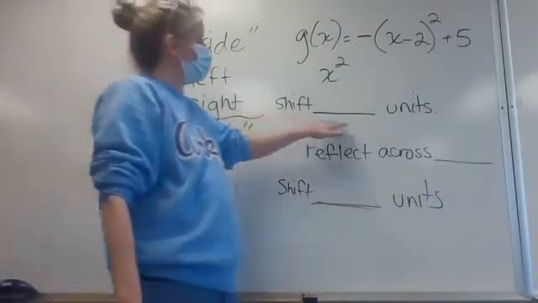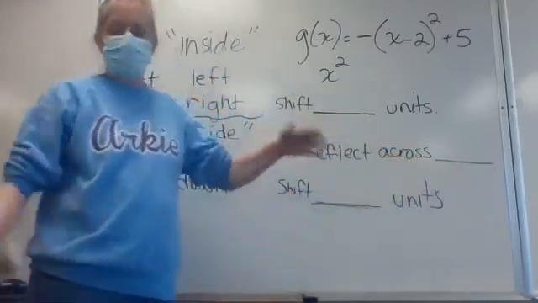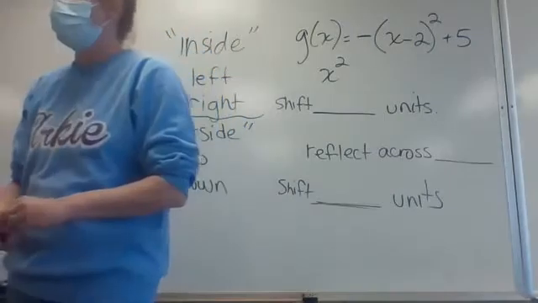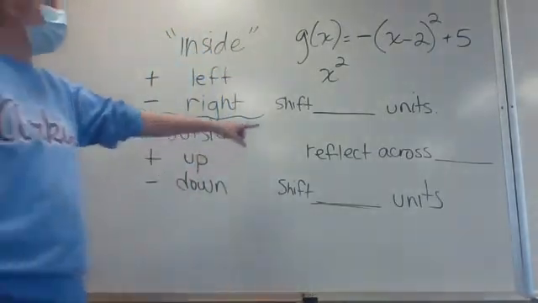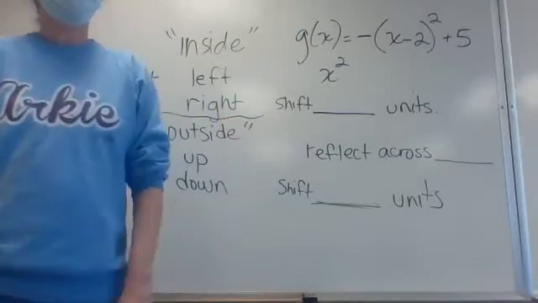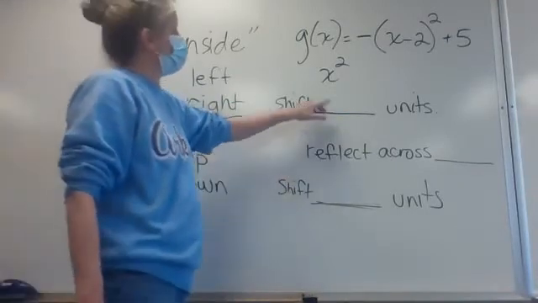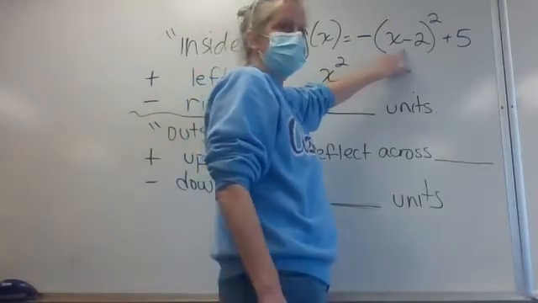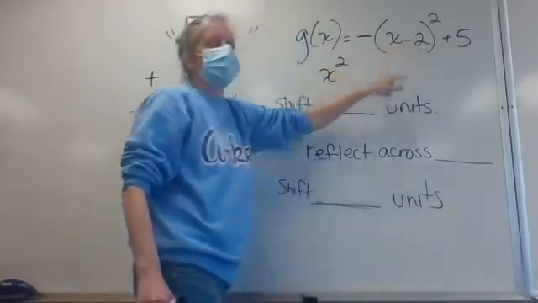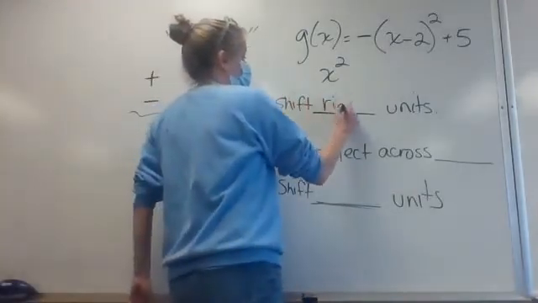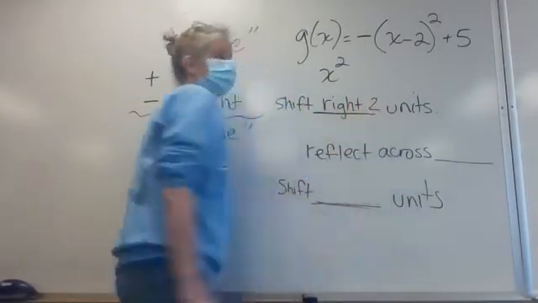All right, so it's going to have 3 blanks in this one. Every blank is going to give you a drop-down choice selection to choose from, okay? This first blank is going to be your horizontal shift always. So where is my horizontal shift? It's inside, which means since it's inside minus, good. It's going to be shifting it right 2.